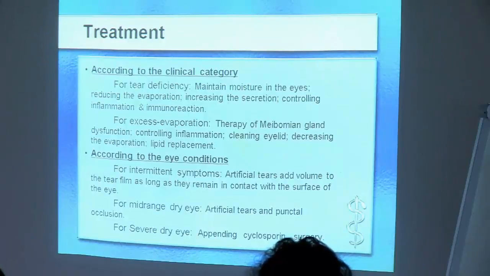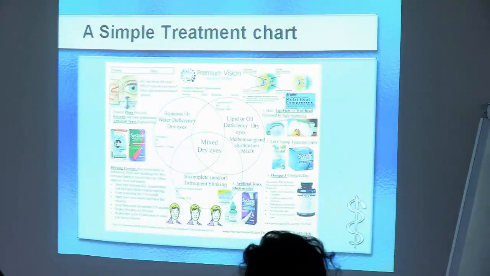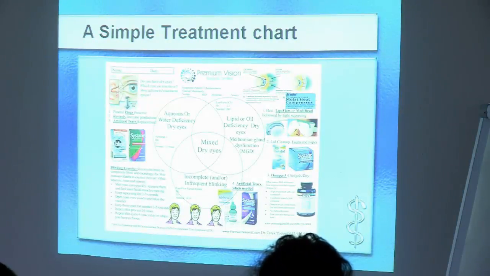And as I said, for mild to moderate disease, just eye drops are good enough, whereas moderate to severe need more intensive management. And for the really severe ones, they need sometimes even immunosuppression, amongst other things. So this is just a simple treatment chart to show you how to manage.